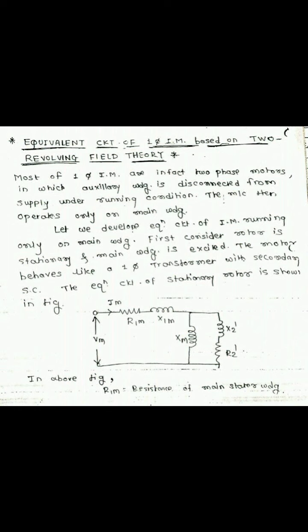The equivalent circuit of the stationary rotor is shown in the figure, in which Vm is the supply voltage, Im is the main winding current, R1 is the main winding resistance, X1M is the main winding reactance, Xm is the mutual reactance of that particular rotor circuit, X2 dash is the rotor reactance referred to the stator circuit, and R2 dash is the rotor resistance referred to the stator circuit.